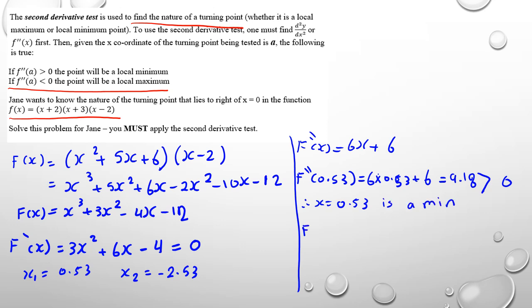Then I will do the same for the second turning point, which is negative 2.53, substitute it in the double differentiated function.